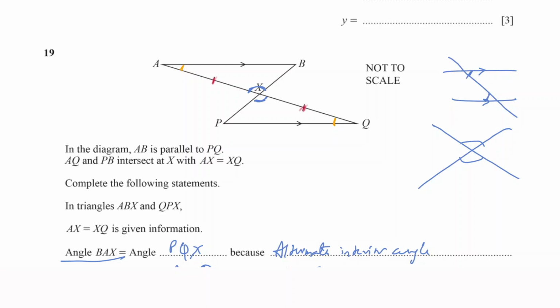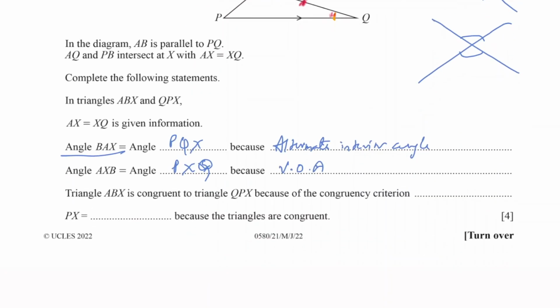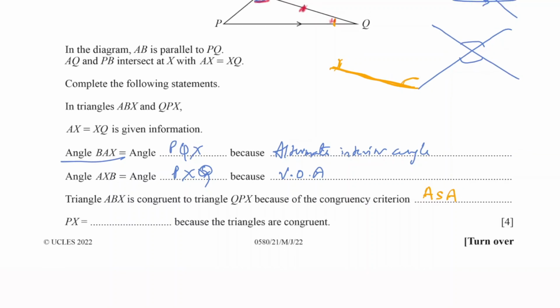So this is angle, this is side, and this is angle, right? So angle, side, angle. By which condition is it congruent? The condition is angle, side, angle. So that's the condition.